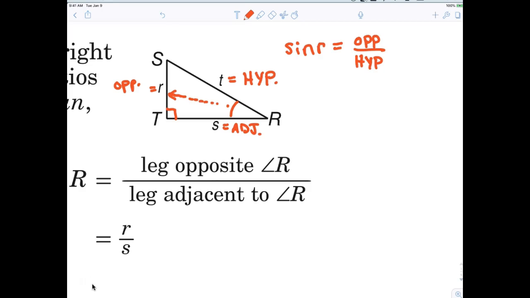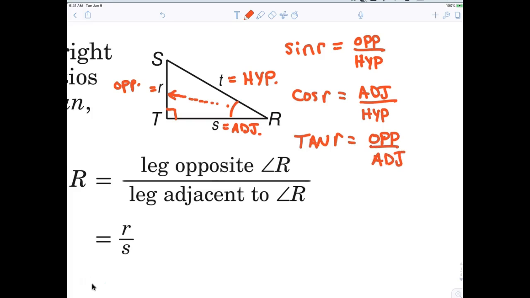Cosine of R is defined as the adjacent over the hypotenuse. And the last one that we're going to learn this year, even though there are 3 more, is the tangent of R. The tangent of R is defined as the opposite over the adjacent.